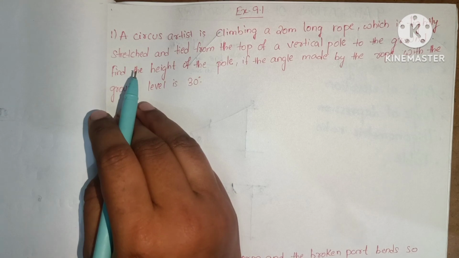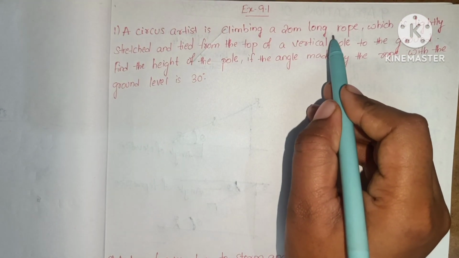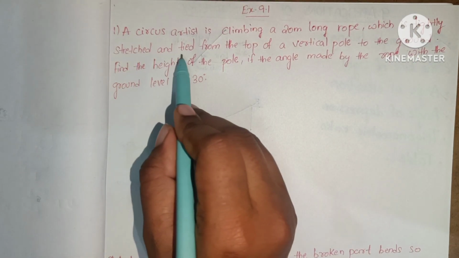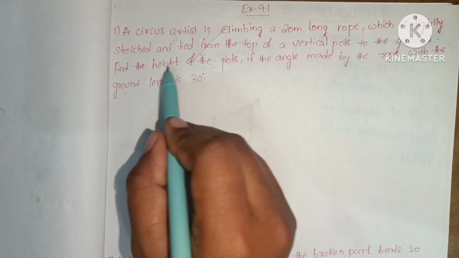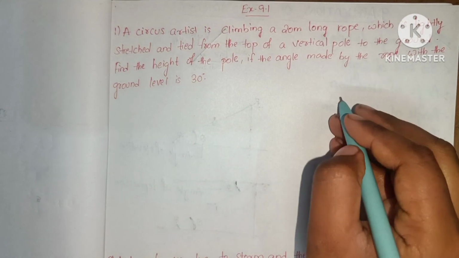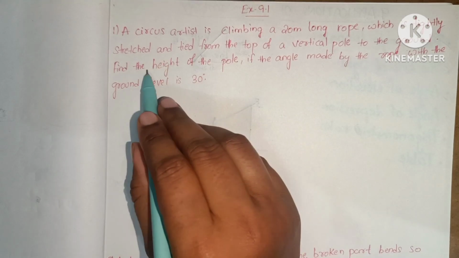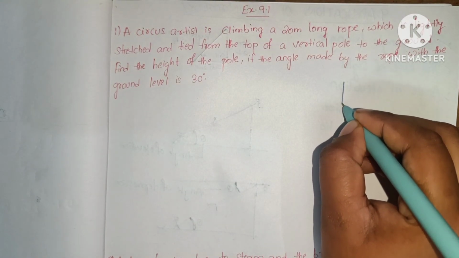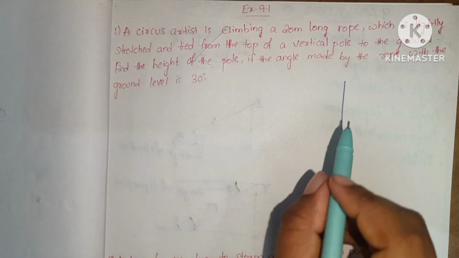First question. A circus artist is climbing a 20-meter long rope which is tightly stretched and tied from the top of a vertical pole to the ground. There was a long rope and also one vertical pole. I told you in the earlier concept that a vertical pole you have to denote as a straight line.